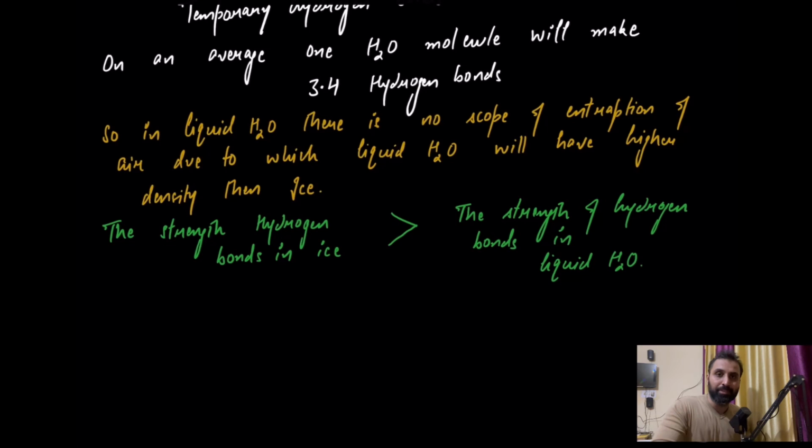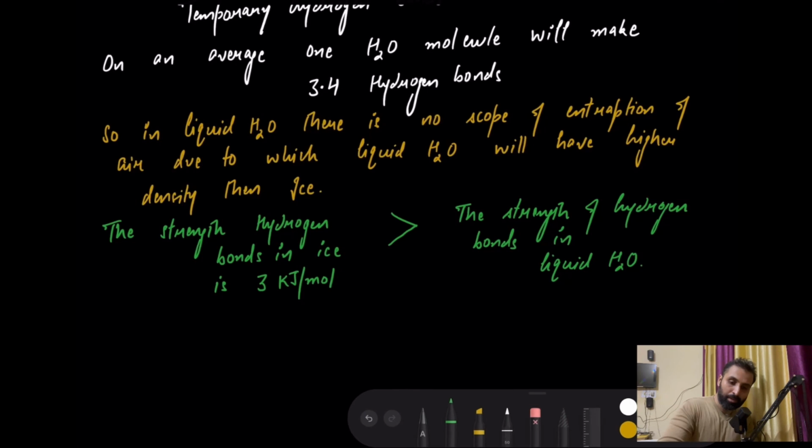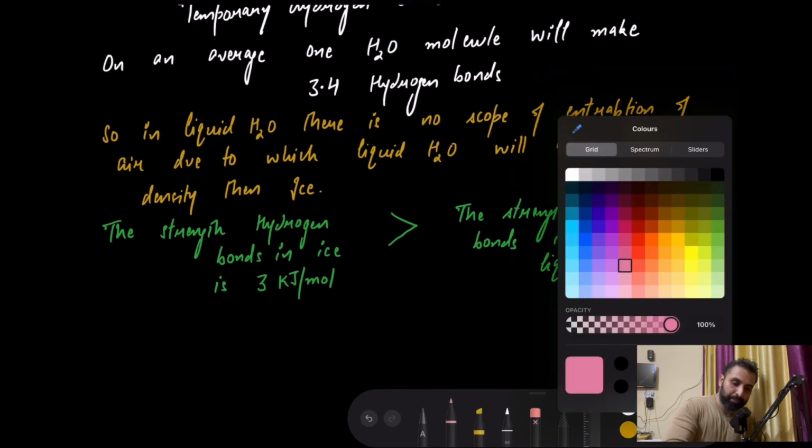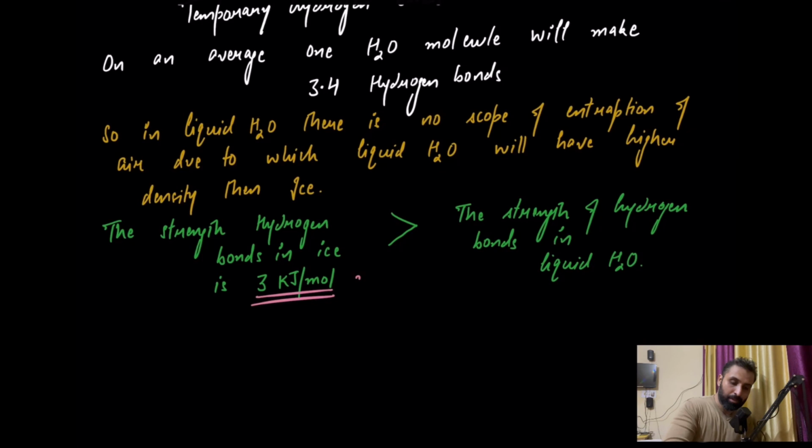And if I talk about the exact values, then the hydrogen bond in ice is 3 kilojoules per mole stronger than hydrogen bonds of liquid H2O.